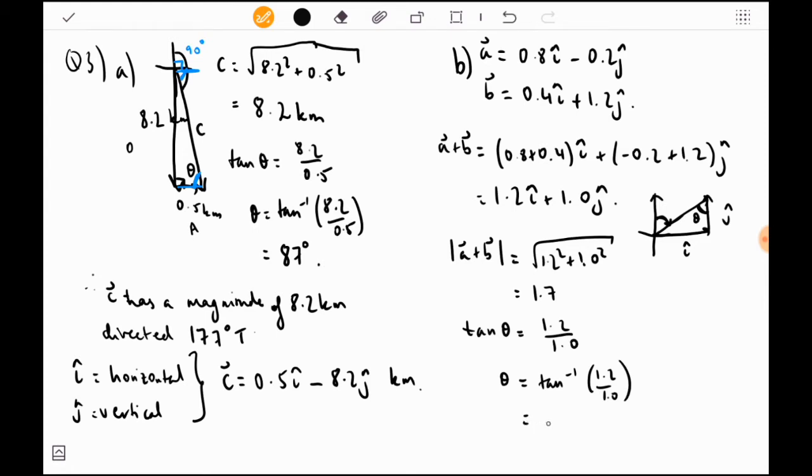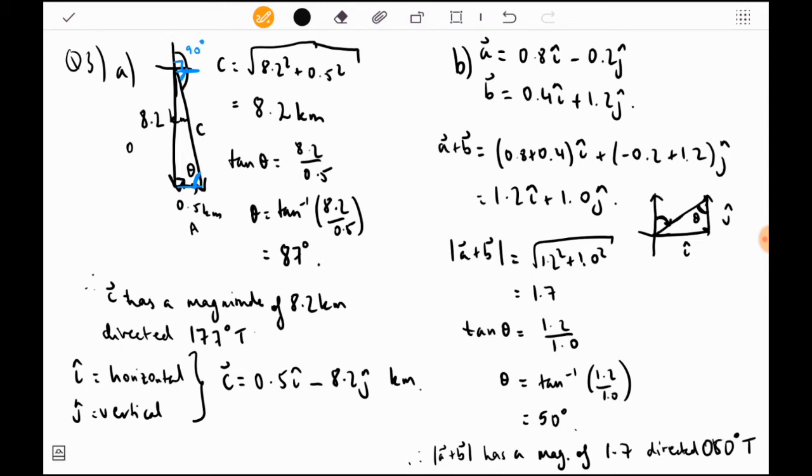So this is equal to 50 degrees, two significant figures. So you could also write that A plus B has a magnitude of 1.7, directed 50 degrees T.